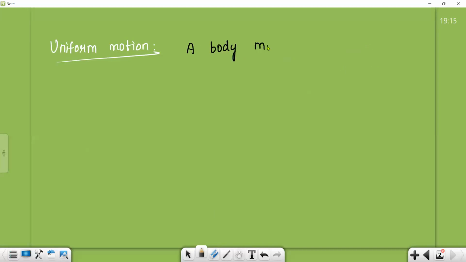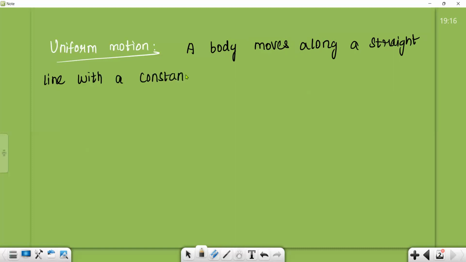Okay, ma'am. Thank you. A body that moves along a straight line with a constant speed is said to be in uniform motion.